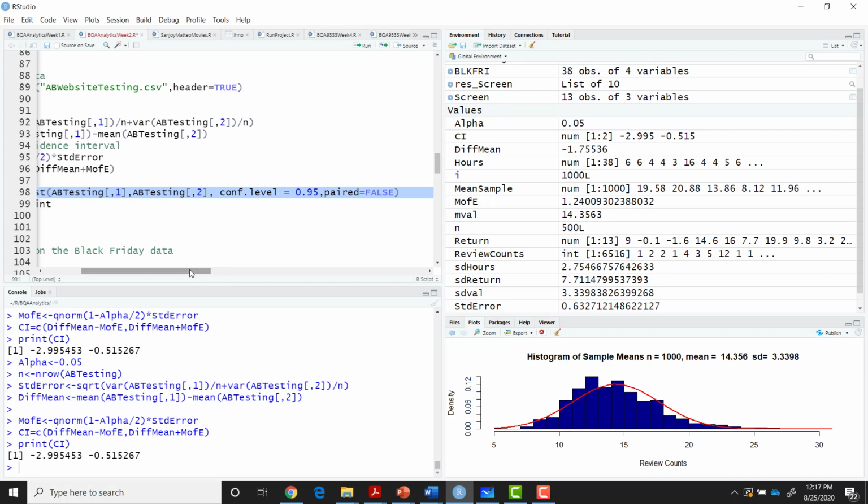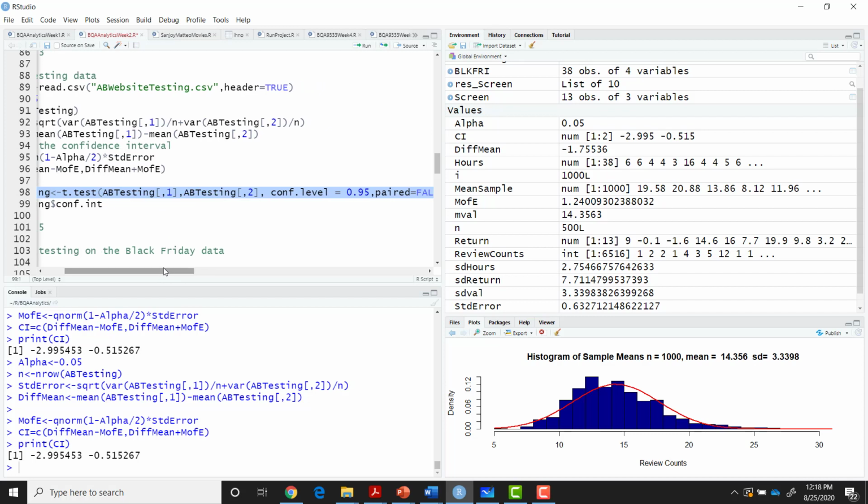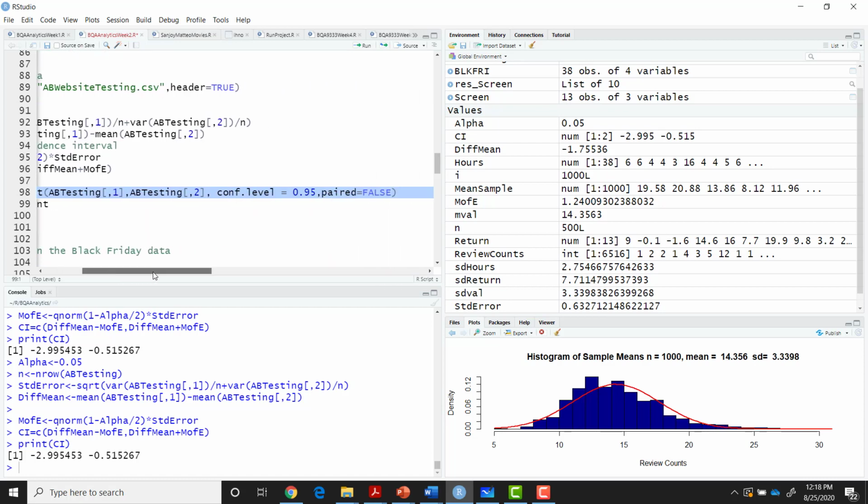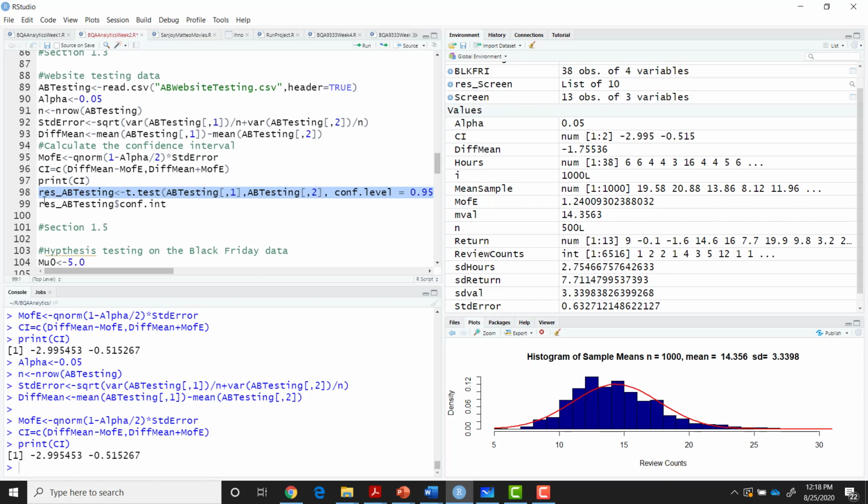If you recall from business stats 2, if we're paired, we're running the paired t-test, where we would consider each row to be a subject. With a paired test, for example, a consumer would test both website 1 and website 2. But we're not going to be bothered with paired tests here. They're not really used in large-scale data analysis.